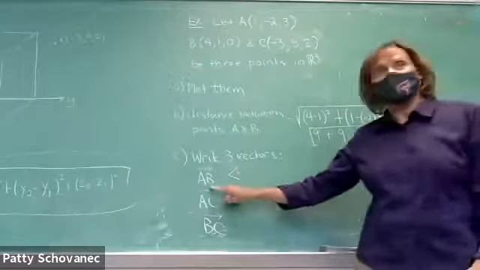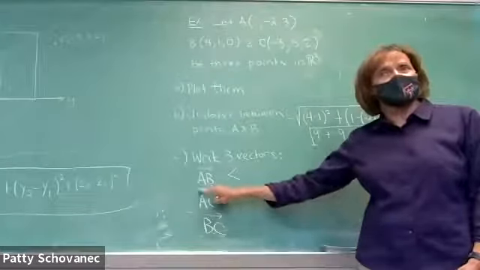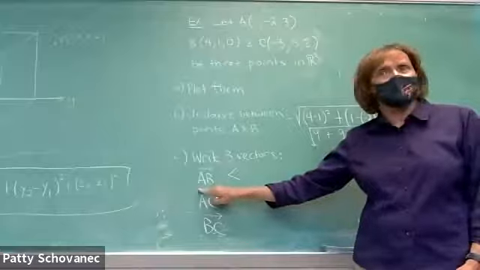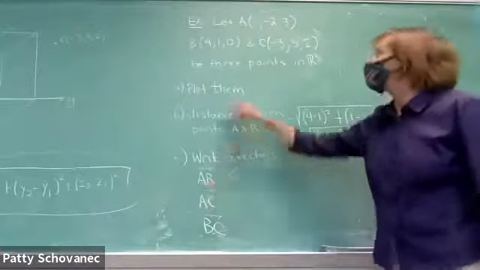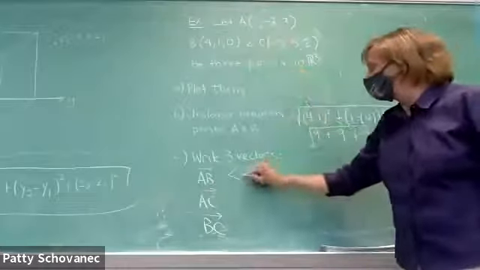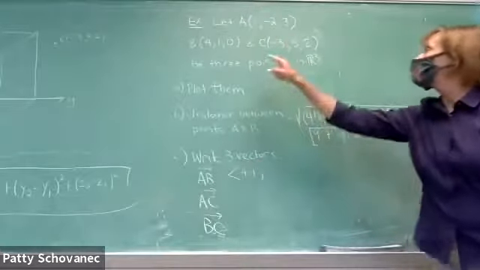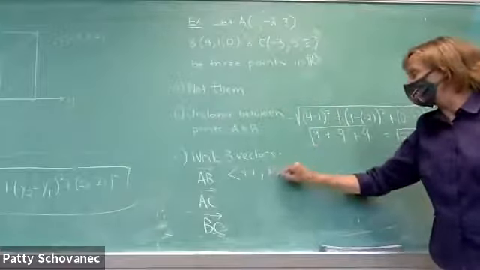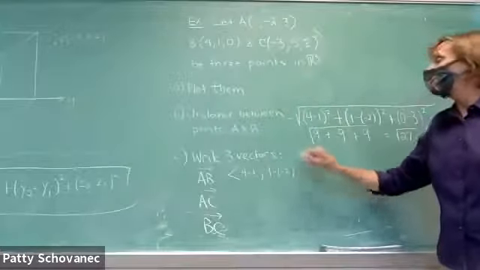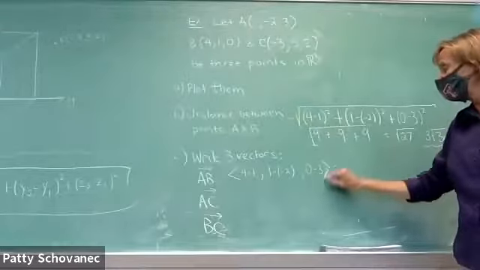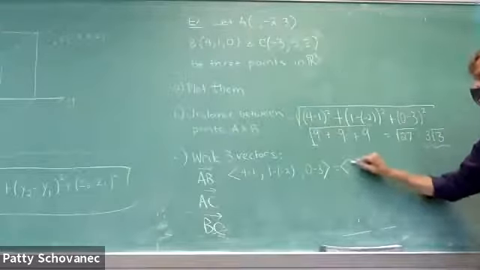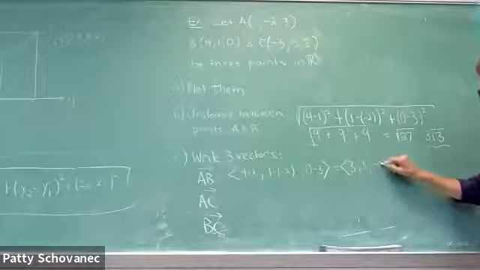Take the coordinates of B and subtract off the coordinates of A. So this first component would be, for AB, we have 4 minus 1. And then 1 minus a negative 2. And then 0 minus 3. So vector AB looks like 3, 3, negative 3.